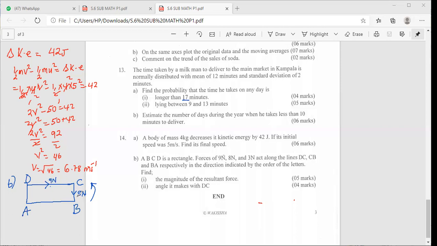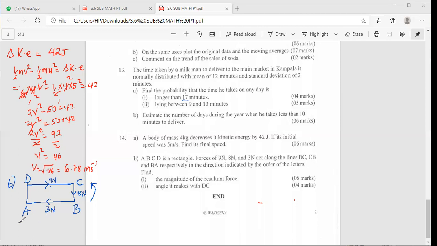Then BA, 3 newtons. Meaning AD has no force.